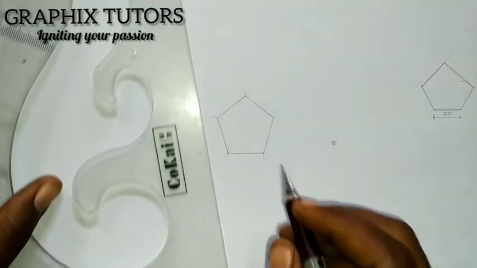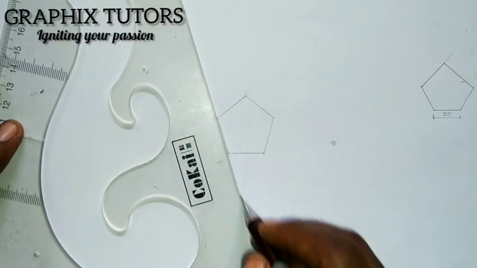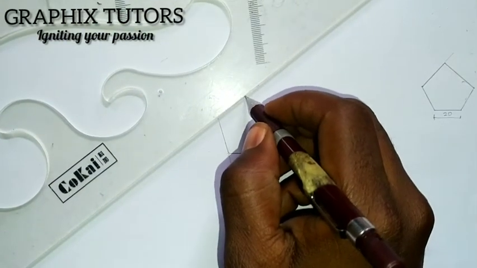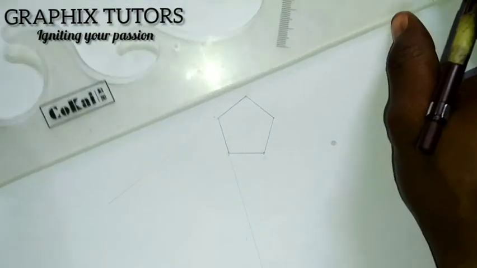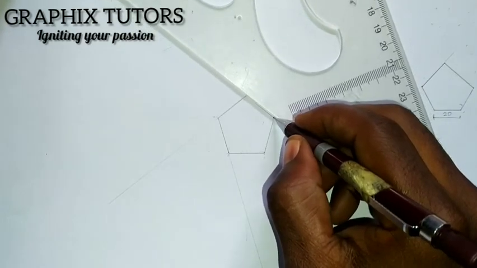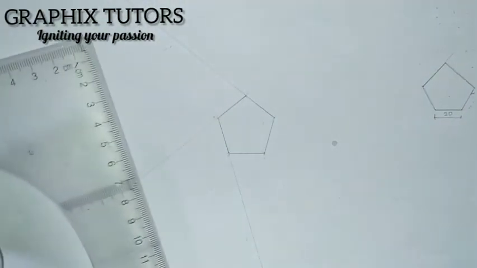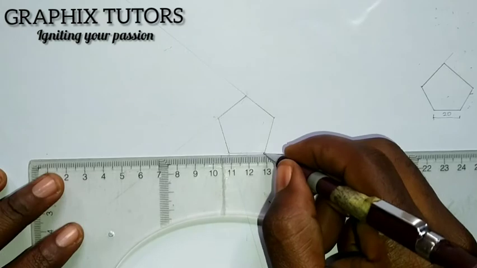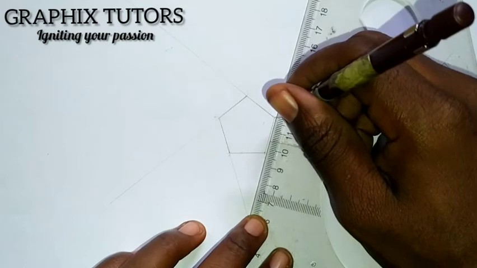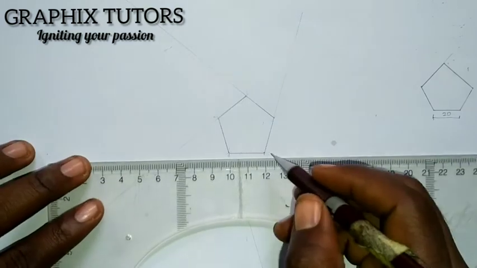You draw your horizontal line this way, draw this line like this, come to the next one, you extend this edge too, come to the next one, you extend this edge too, come to the next one, and you extend this edge too, this edge. Then the next one, this edge.